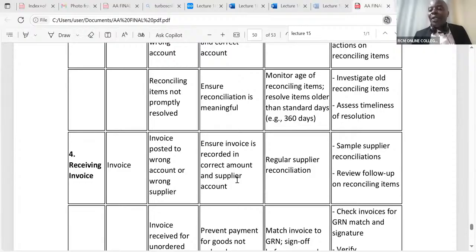All right, ladies and gentlemen, from there, what controls will you put in place as an accountant to ensure that this is done correctly? This involves amounts, so the best control is regular supplier reconciliations. Always ensure that you are reconciling these accounts payable, AP.